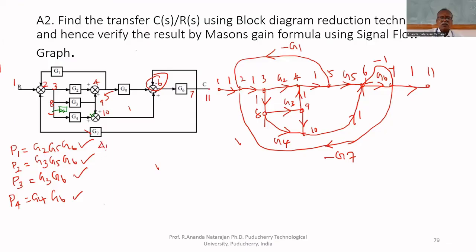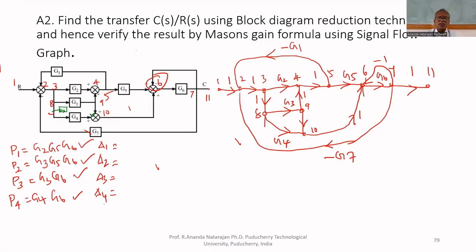Delta 1, delta 2, delta 3, delta 4. We have to find delta 1. Delta 1 is the delta part of the graph which is not touching the forward path. The forward path is G2, G5, G6.